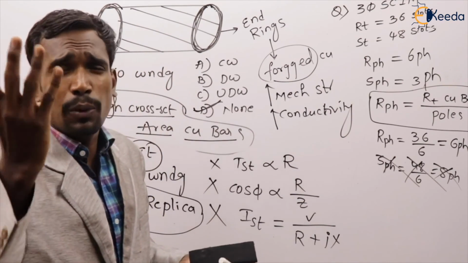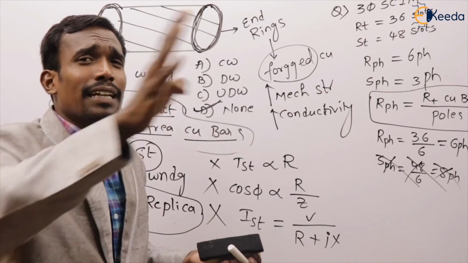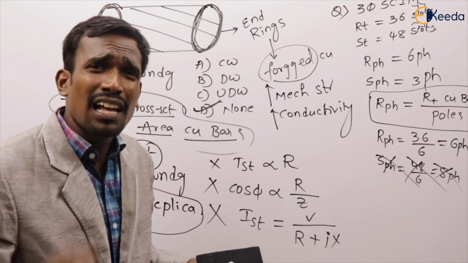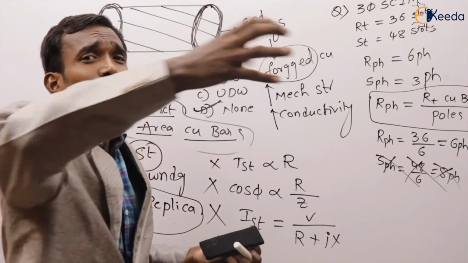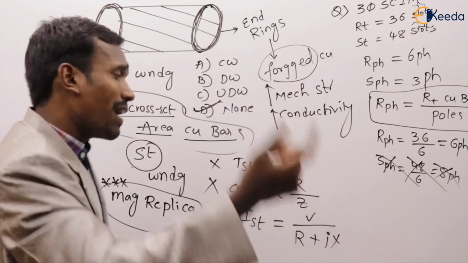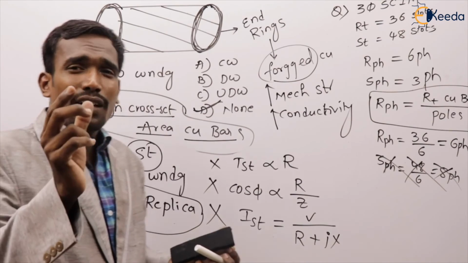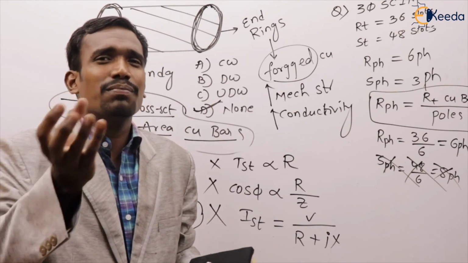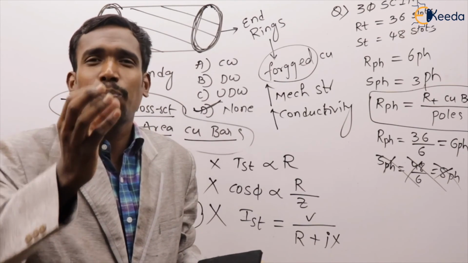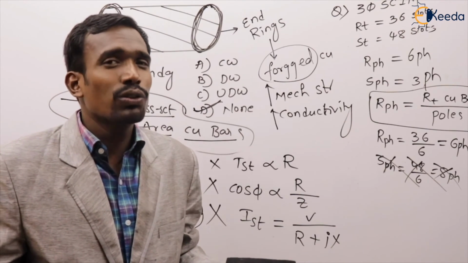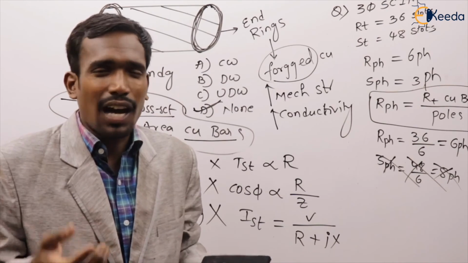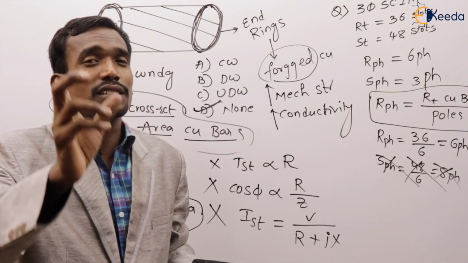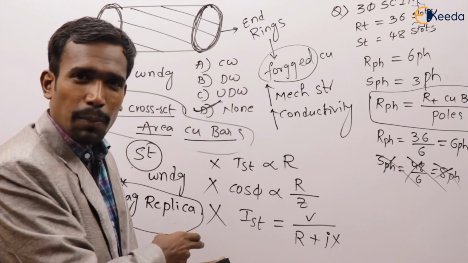If you have 4 poles in the stator, the same magnetic image will be present in the rotor. If you have 20 poles in the stator, the same poles will be induced in the rotor due to the magnetic replica. That's why, if I want to change my speed by the pole changing method, just by changing the stator poles, we can change it. No need to change the rotor winding or rotor copper bars. That's why the pole changing method is well preferable here.